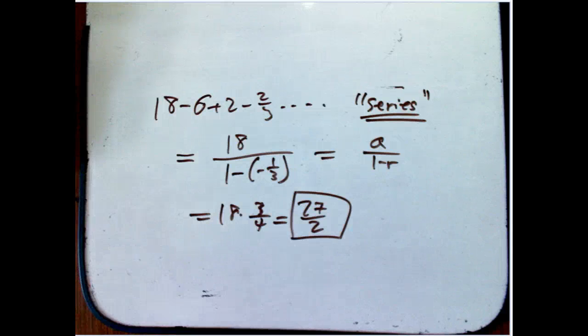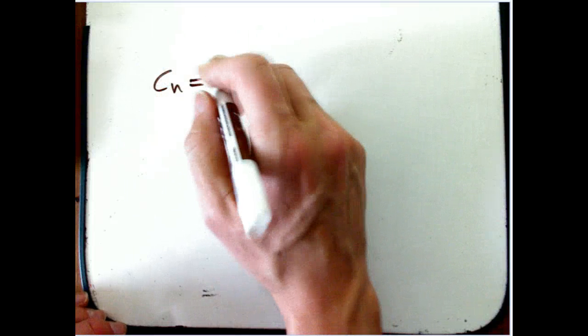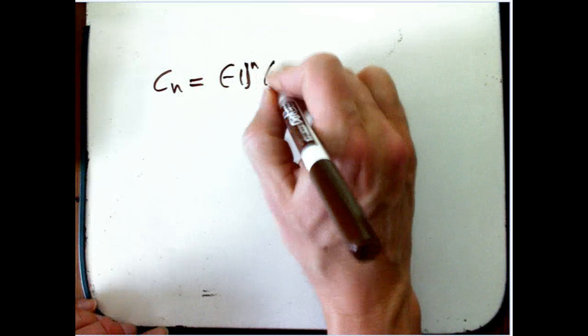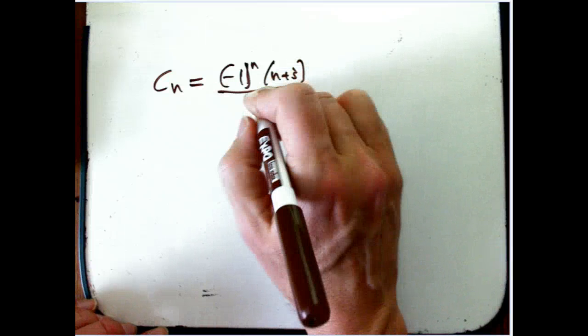Okay, oh yeah, one more. It's getting a little long, but I think I want to just go ahead and do it on this one. Yet another one. Let's package up that sequence c sub n, which was minus 1 to the n plus 3 over 10 to the n.